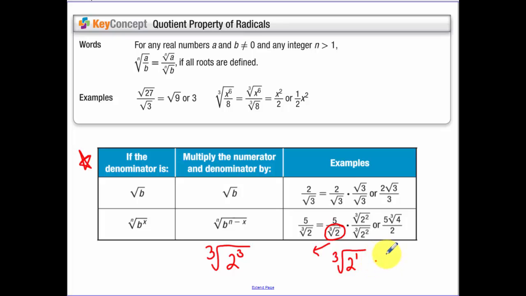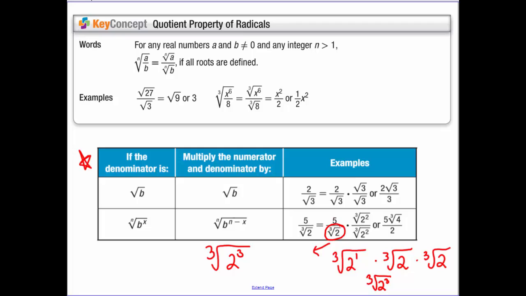So I basically have there the cube root of 2 times the cube root of 2 again. Because when I combine those under one radical, you would have the cube root of 2 to the third, which then simplifies to be 2. And remember, we need to multiply the same thing on the top and the bottom. That's why this 2 squared over here becomes 4.